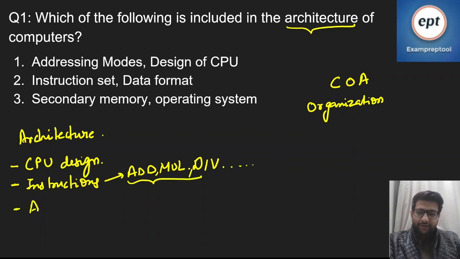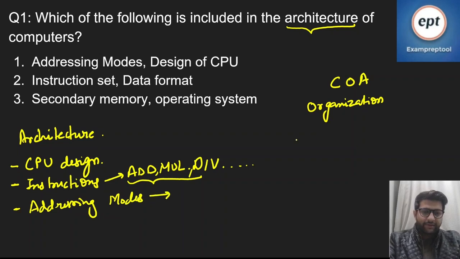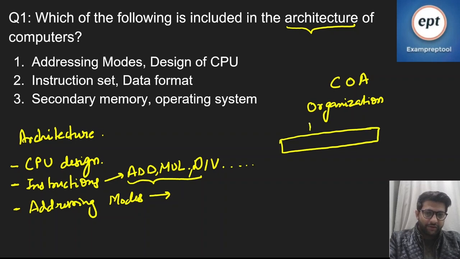The third one is the addressing modes. That is, if let's say this is an instruction, right? And every instruction is divided into first the opcode, then the addressing mode, and then the information about the operands.